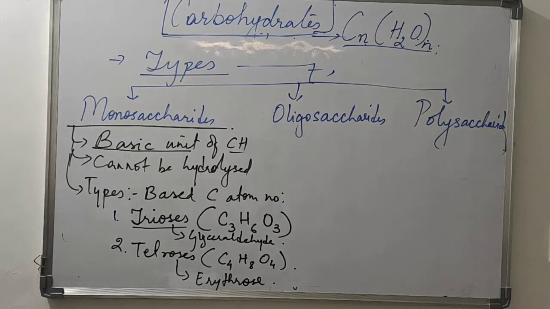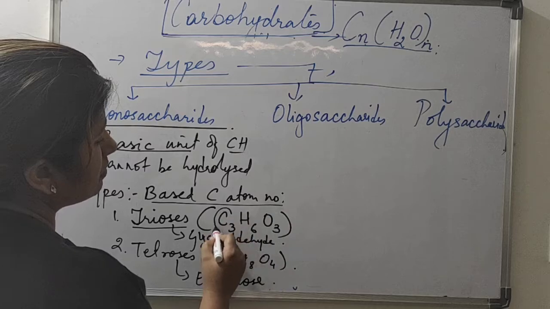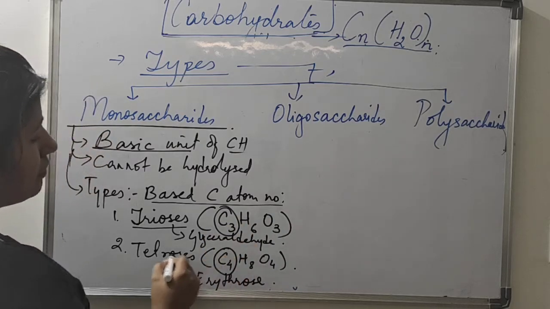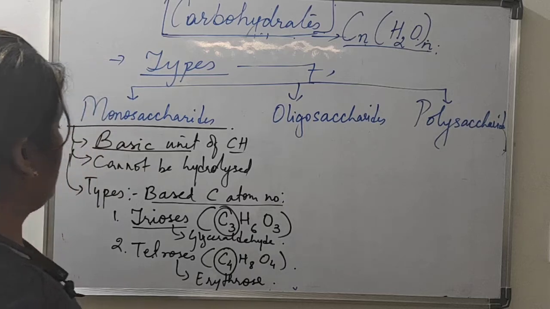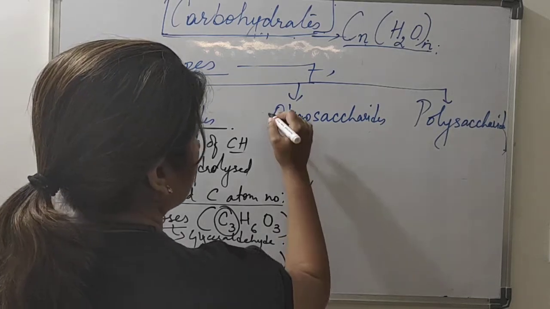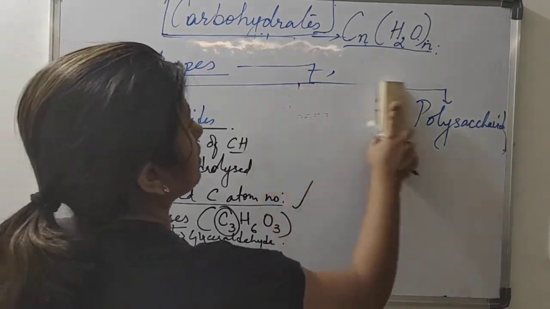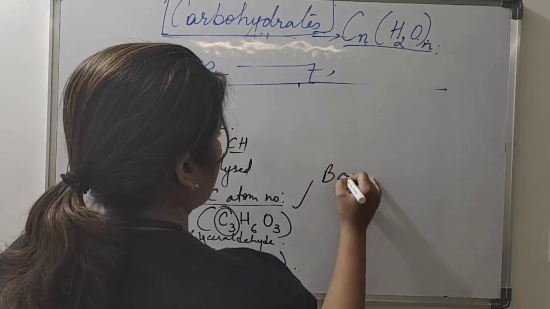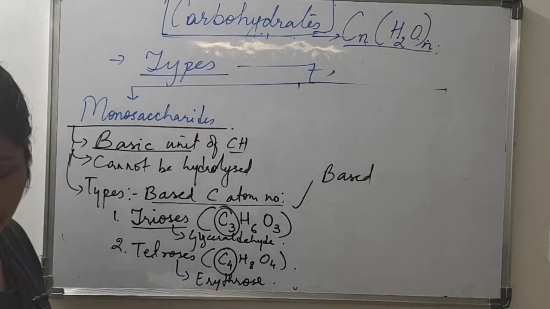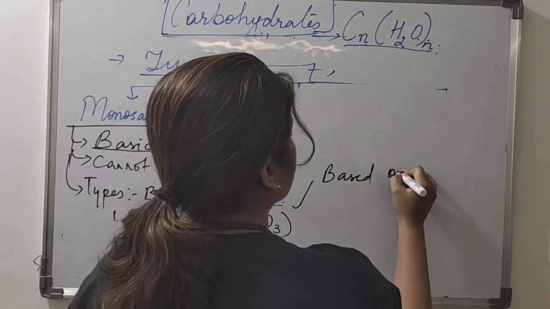So based on this carbon atom number, we have different types of monosaccharides like triose, tetrose, pentose, hexose. Now we have another type, which is based on the functional group.